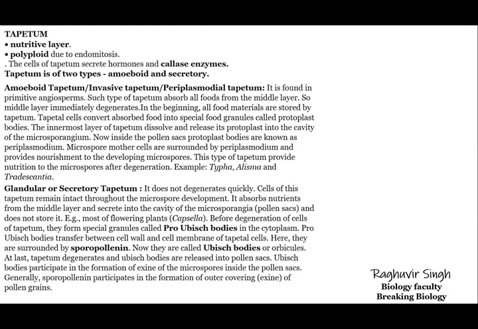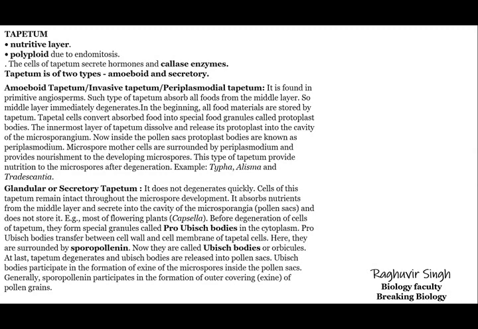Now coming to the glandular or secretory tapetum. In this type, the cells of the tapetum layer remain intact throughout microspore development. It absorbs nutrients from the middle layer and secretes them into the cavity of the microsporangium, that is the pollen sac, and does not store them. It does not absorb the whole amount of food from the middle layer, as a result of which the middle layer cells also remain intact.